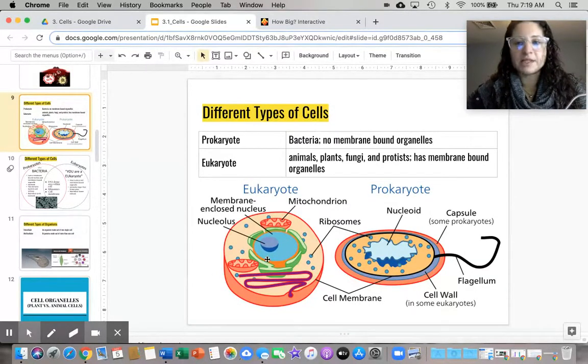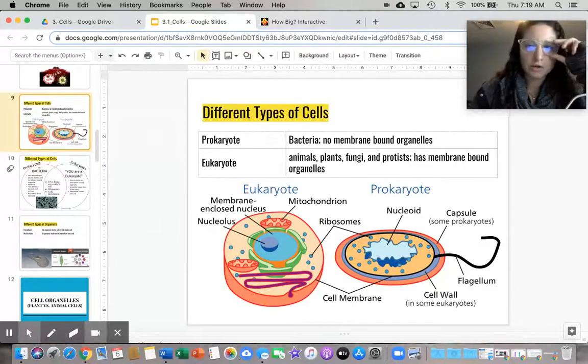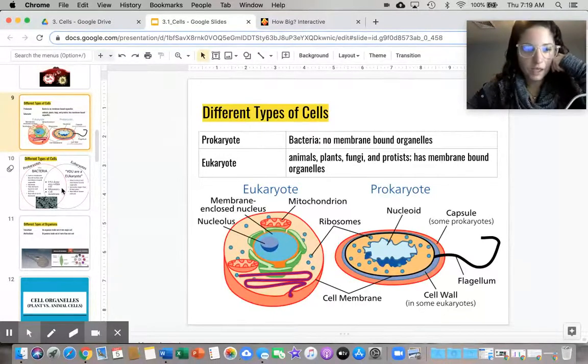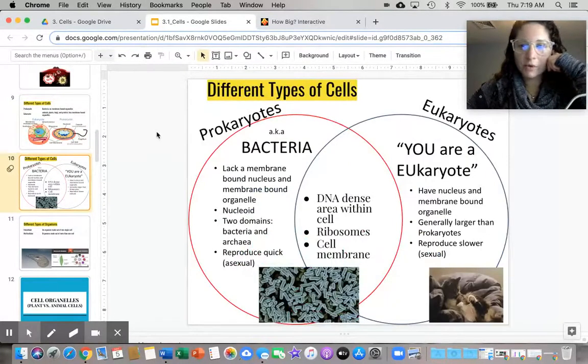But we have these packages of things inside of the cell called organelles that do specific jobs inside of the cell.